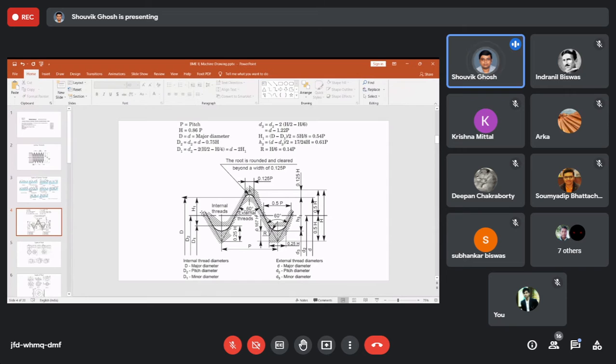So these are some of the calculations given for thread. Later on you have machine design in your curriculum, where you will learn in detail the actual calculations. For now, for the drawing purpose, you are learning the minimum required dimensions or calculations.